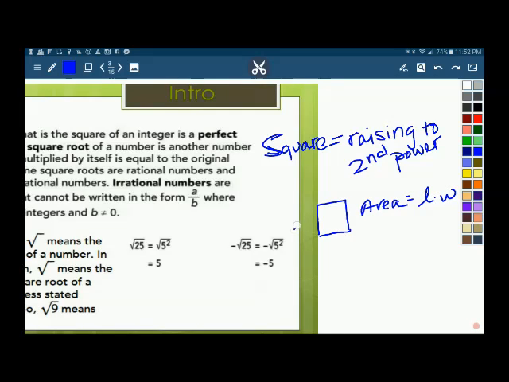Well, the length is the same as the width. So if we call length S and we call width S, that's like saying that area is equal to side times side. That's what I mean by S, is the side length times the side length, which is just side squared. Okay, or side to the second power.